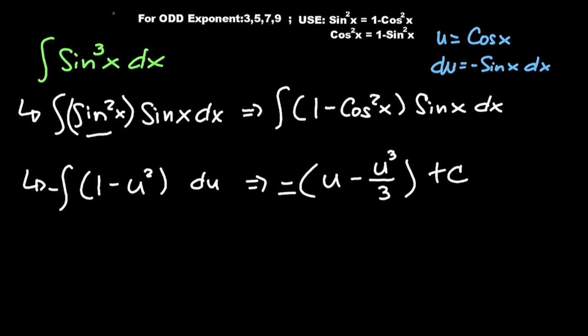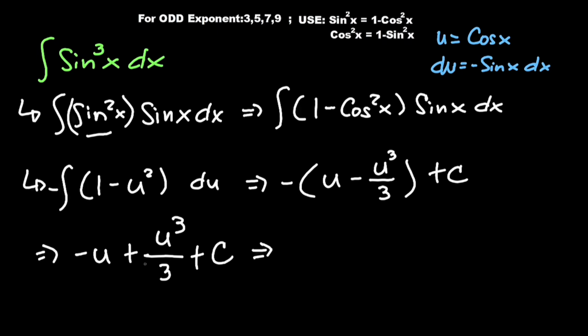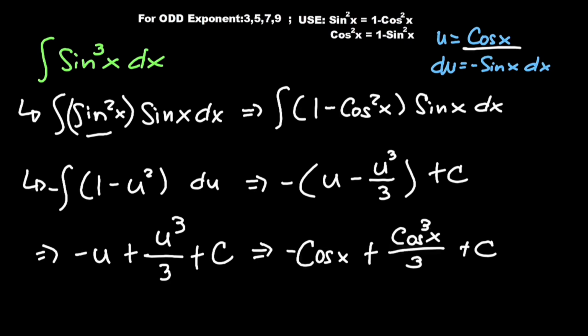Distributing this negative sign, we would have negative u plus u to the power of 3 over 3 plus constant of integration, and substituting u back into its original form, which is cosine of x, the final answer would be equal to negative cosine of x plus cosine cube of x over 3 plus c.